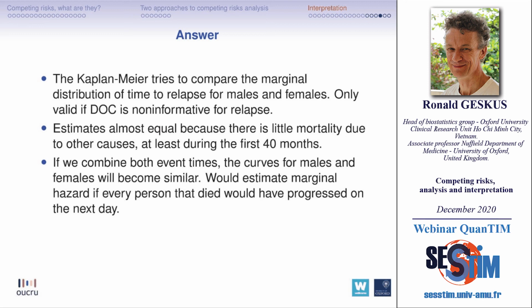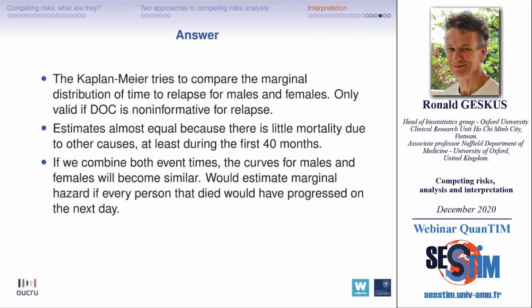But that is, again, a highly controversial activity. If you want to interpret this as the probability to have a relapse in the world in which competing death didn't occur, then you are assuming that the individuals that died would have progressed to relapse right after, because you are combining the event types.